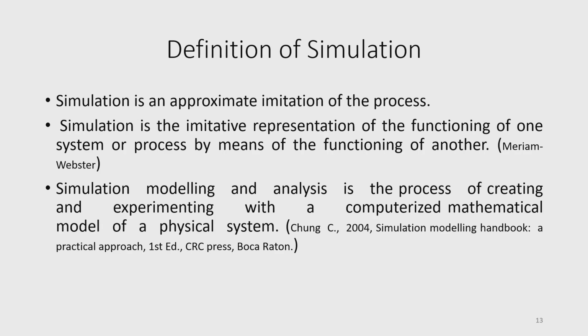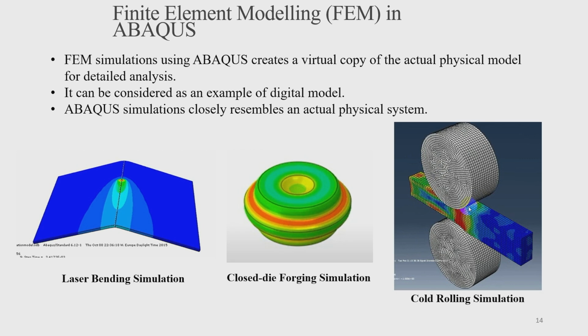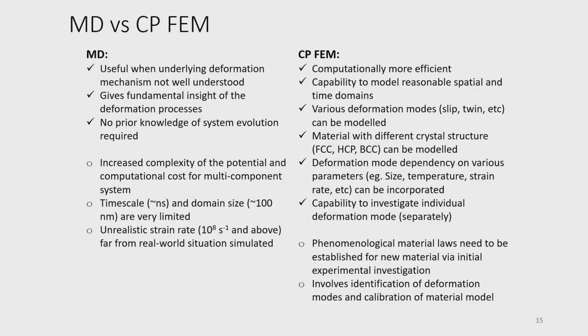Simulation is an approximate imitation of the process, but it can be said that simulation, modeling and analysis is the process of creating and experimenting with a computerized mathematical model of a physical system. Usually we do modeling with the help of FEM packages, as shown here. Nowadays we can have molecular dynamics simulation and we have crystal plasticity FEM. We have already discussed it in our previous videos.